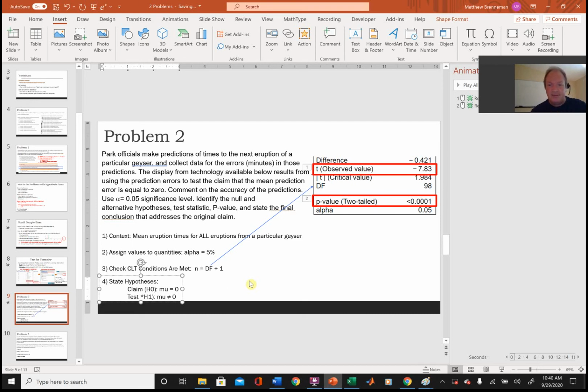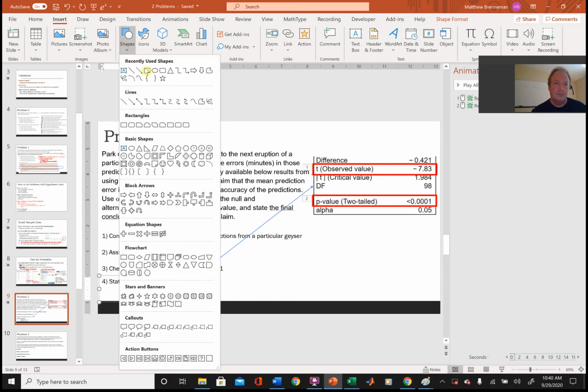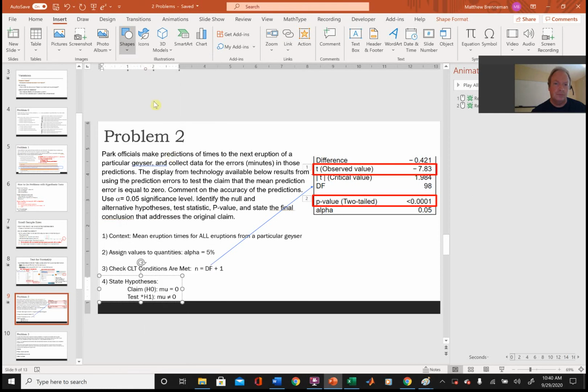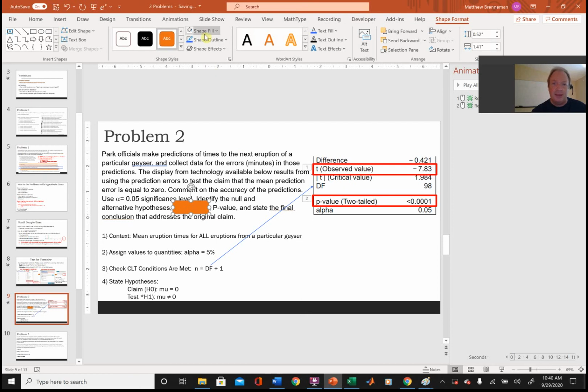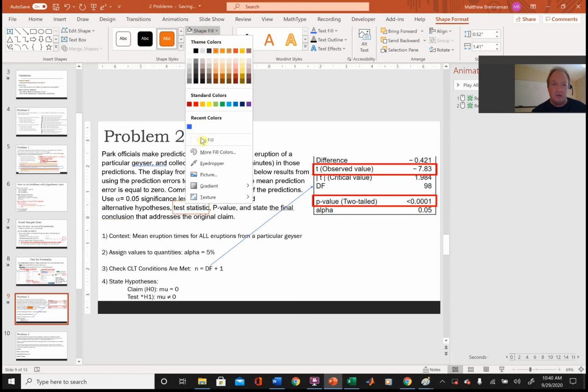The test statistic, well, this is your observed t-score. So this is our test statistic right here. We mentioned how t-scores are test statistics, and you see t observed, that means that's the t-score from your actual data set.